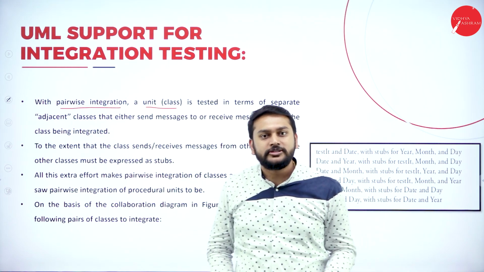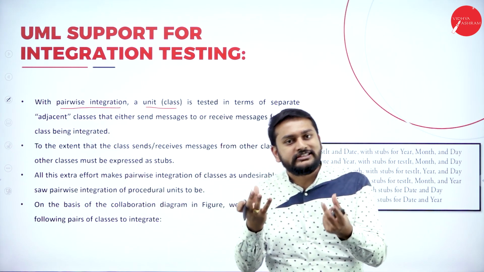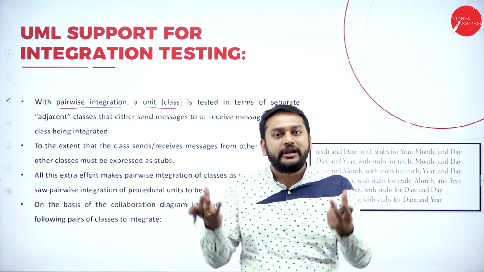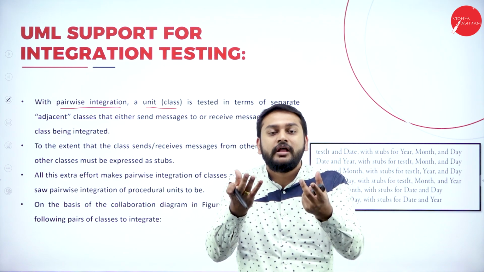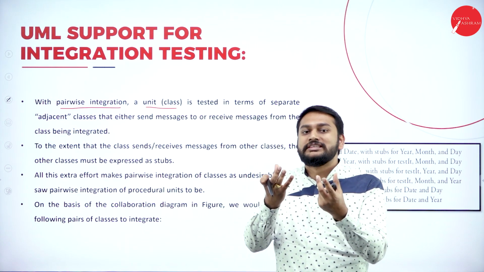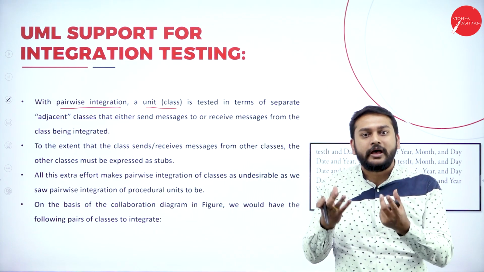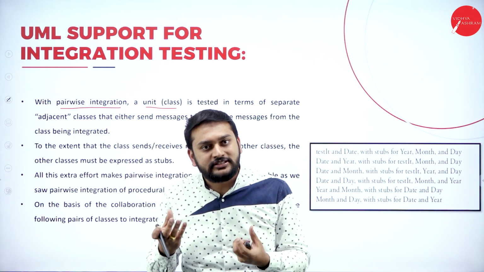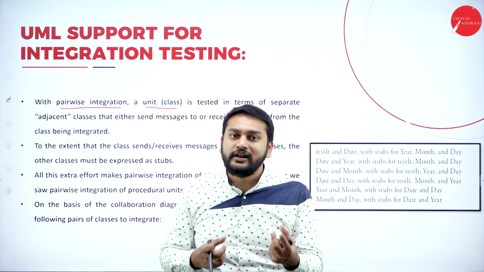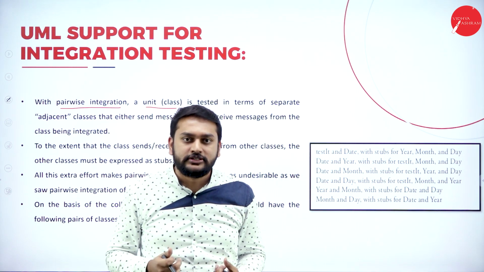It need not be 2 classes, it can be anything, but in this example, since it is an object-oriented concept, I am considering 2 classes. One class sends the request, another class sends the response.